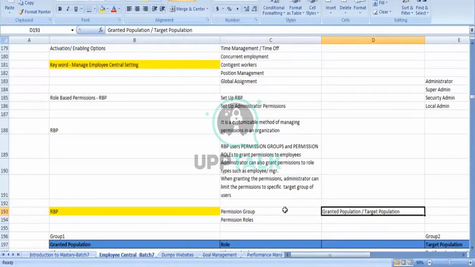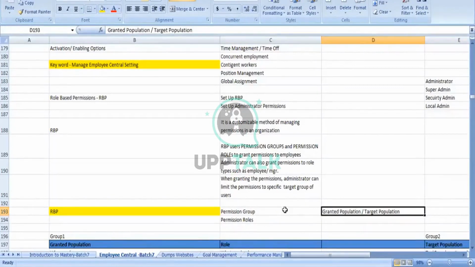To understand granted population and target population, let's take an example. Now you are the manager, Rahul, and suppose you are located in Germany.